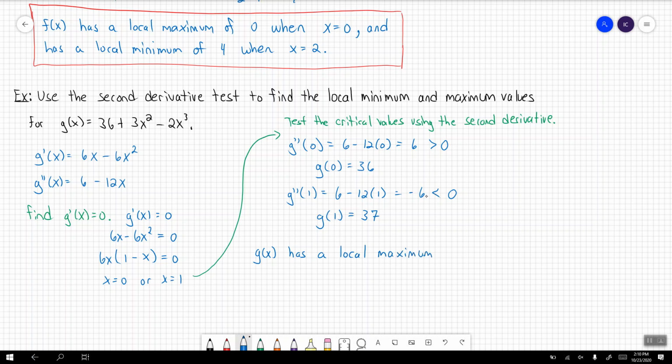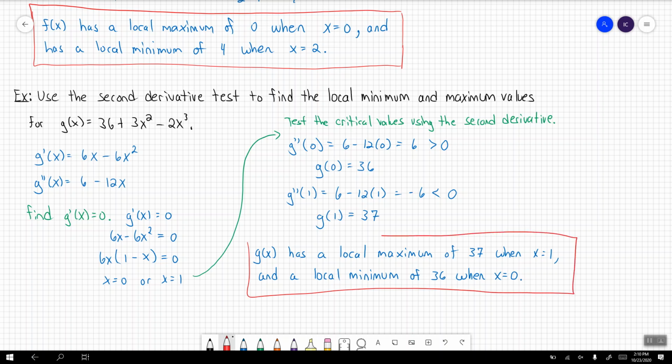And again, when it's concave down, it's going to have a local maximum, and it's going to have a local maximum of 37 when x is equal to 1, and a local minimum of 36 when x is equal to 0. And again, this is by using the second derivative test.